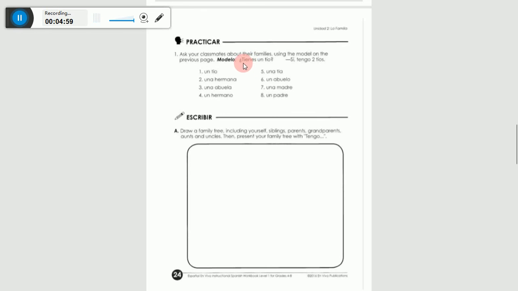For example, I would say, ¿tienes una hermana? And you could answer, sí, tengo una hermana, or no, no tengo hermanas. Remember we talked about that negative. So it would be no, comma, no tengo hermana. No, I don't have a sister.